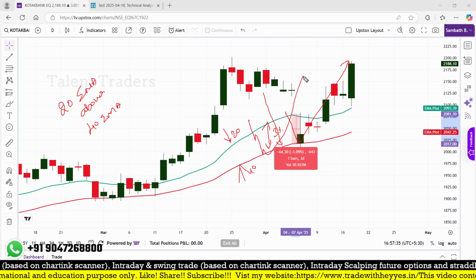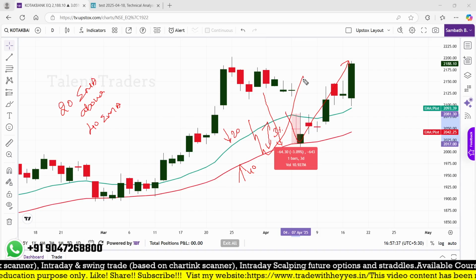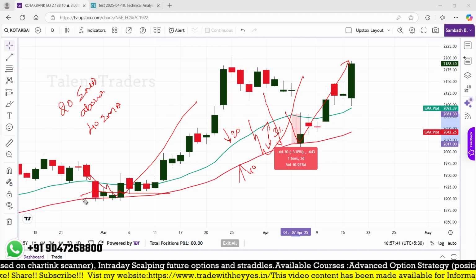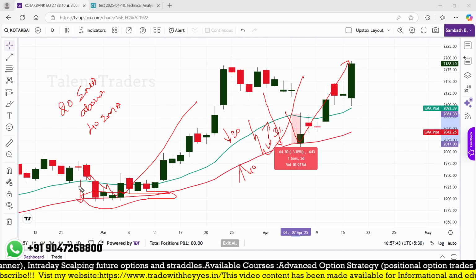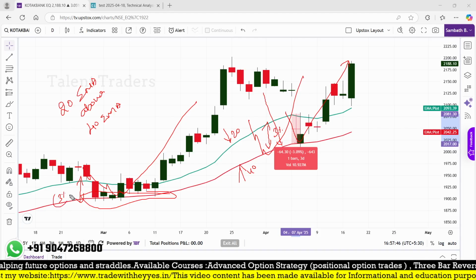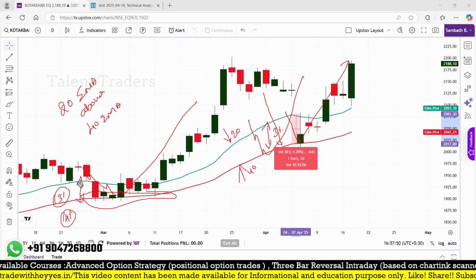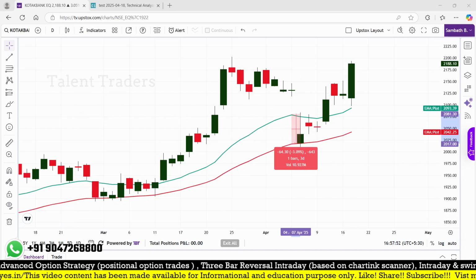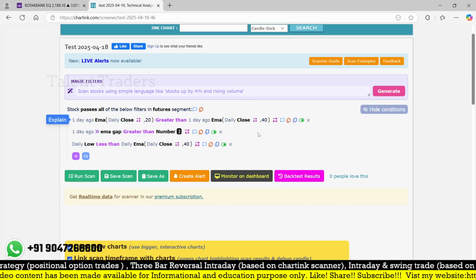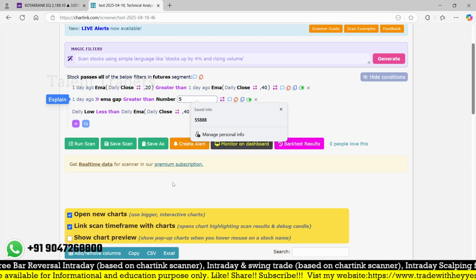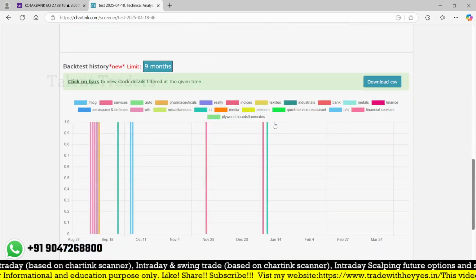When the price touches it, we expect some reversal, and that is happening here. The gap is the main key, which we set at 3%. If you want to increase it to 4% or 5%, that adjustment is possible with the scanner we have already created. If I want a 5% gap, let me check if any stock is there.